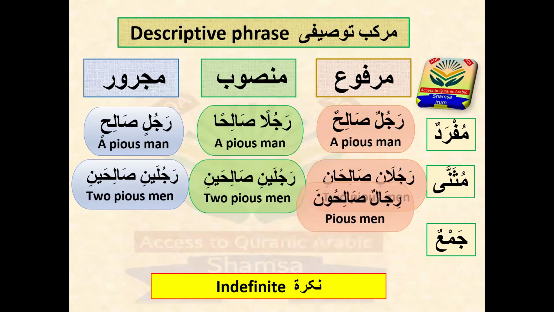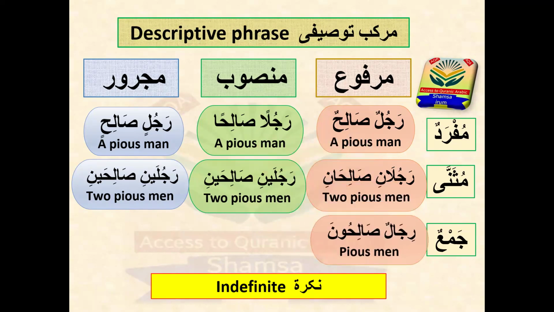And for the plural, rijalun salihuna. Here, rijalun is a jama mukassar, a broken plural, and salihuna is a jama salim, a sound plural. But they both are plural, okay?